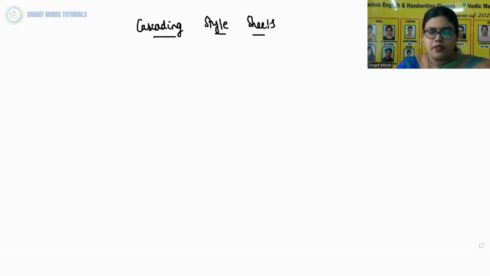So in this class, let's get started with CSS, that is Cascading Style Sheets. So first, let me tell you what is CSS. It is one of the most interesting concepts of HTML as it specifies the rules for styling elements of a web document.